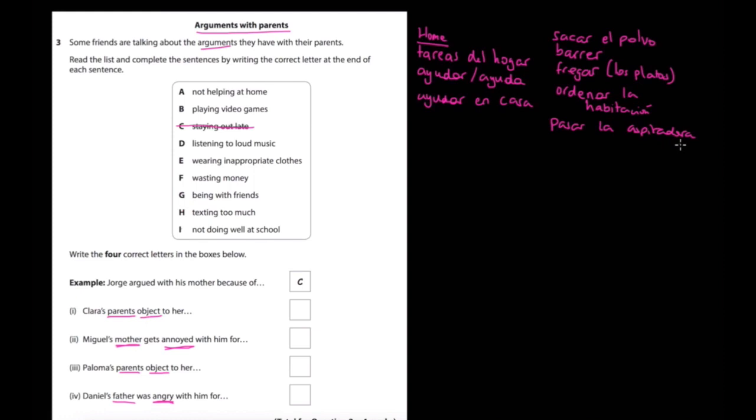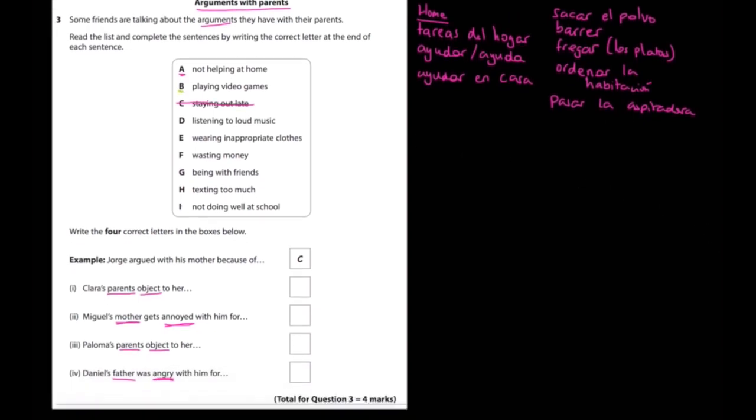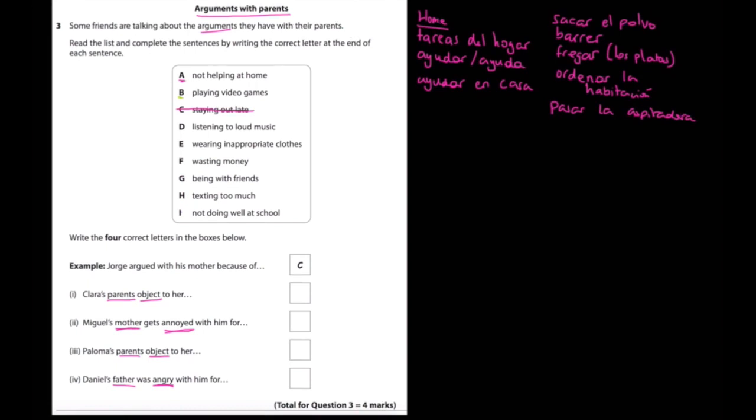Okay. Now, next one, playing. So this would be A. B, let's take a different color for B so that we can see the different options. So B, playing video games. Okay, playing video games. What could I hear if there was something about video games? So first of all, video games, we know it's videojuegos. Okay, I might hear something like consola, games console.